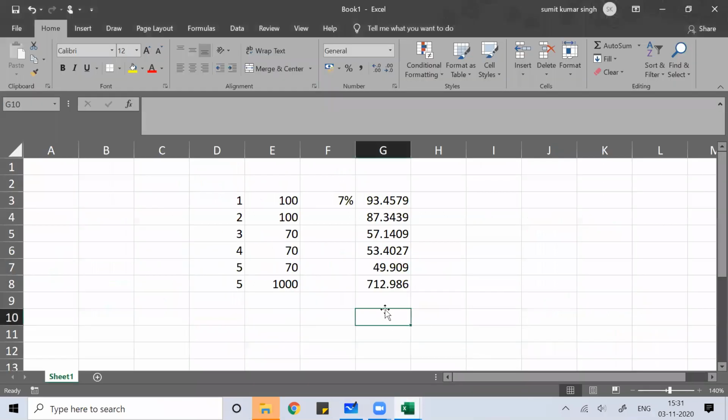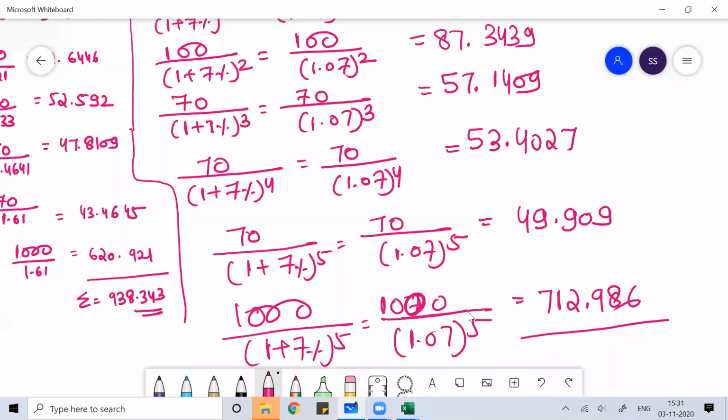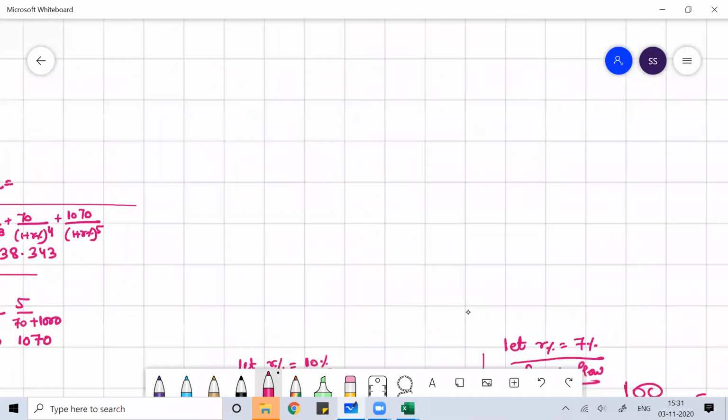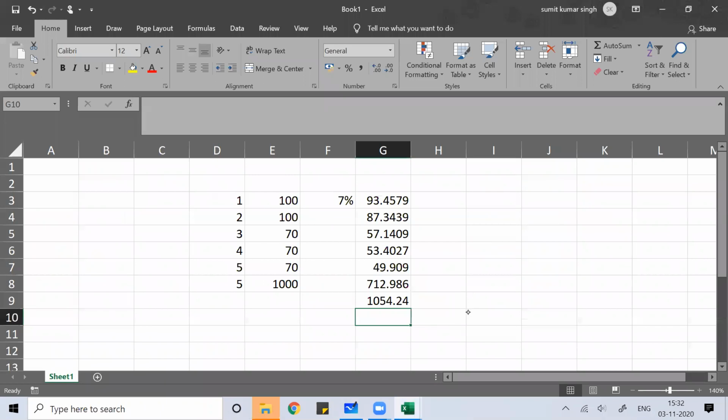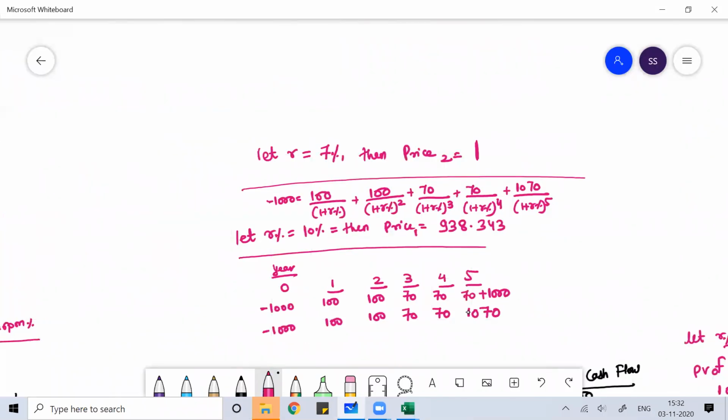So do the sum of this. If you do the sum of this, you will get 1054.24. This is the sum you will get. So if you take 7%, you are getting the price as 1054.24.